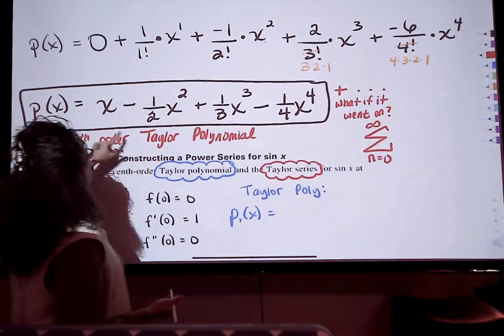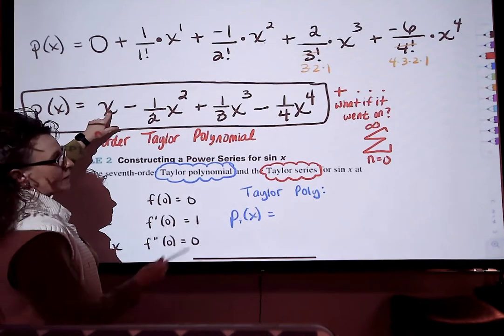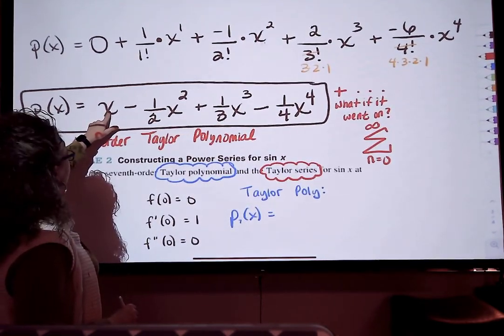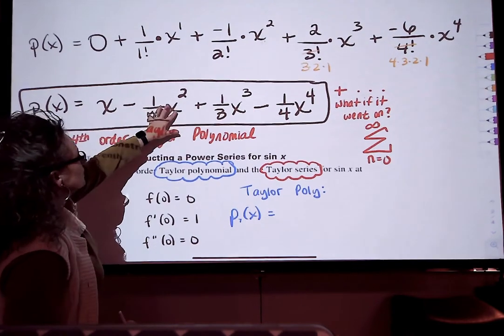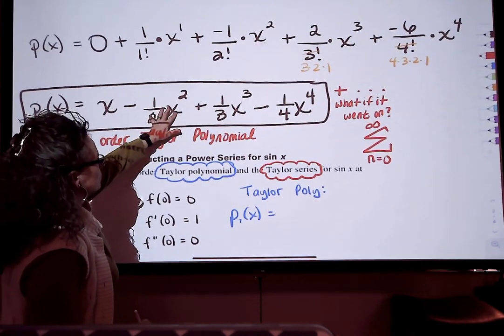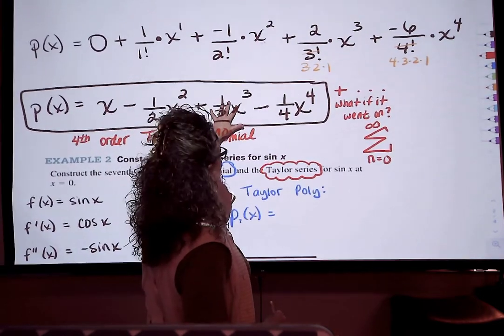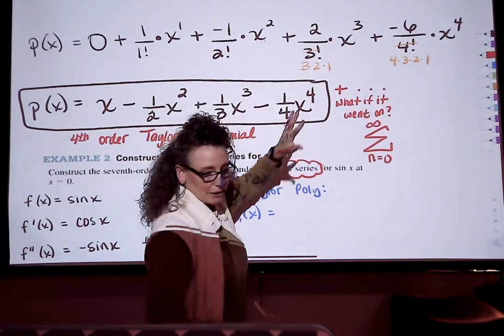It doesn't really matter. How does this come about from n equals 0? How does this come about from n equals 1? How does this come about from n equals 2? How does this come about from n equals 3?